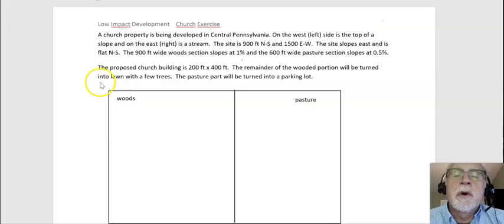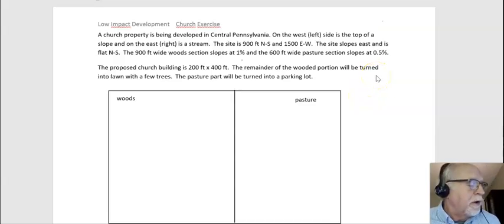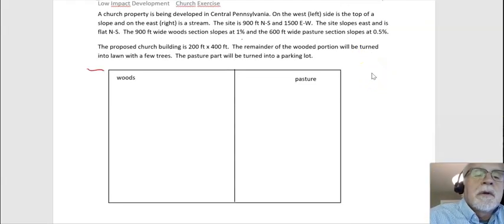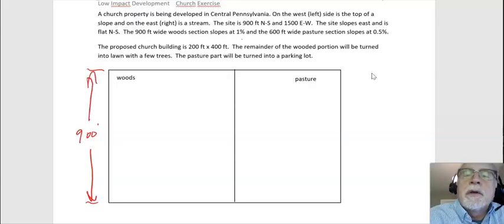So it goes from west to east, and it slopes that way. So it's very simplified. The site is 900 feet north to south, so it's 900 feet up and down as we look at it, and then 1,500 feet east and west, divided into 2 parts, 900 feet like that, and then 600 feet in that part.